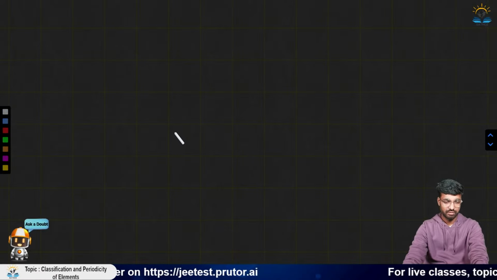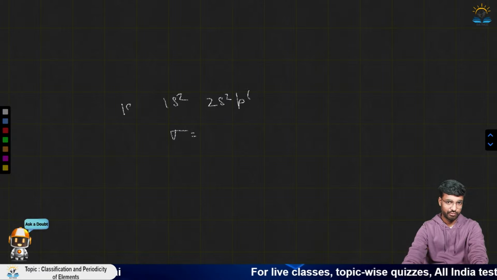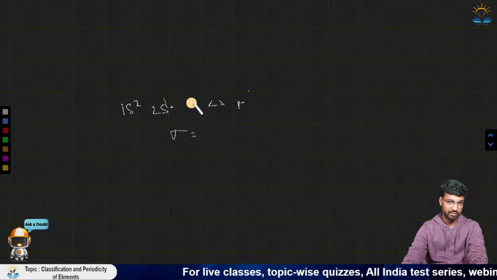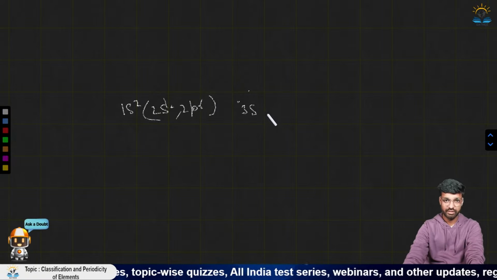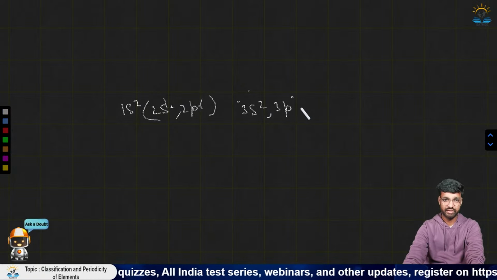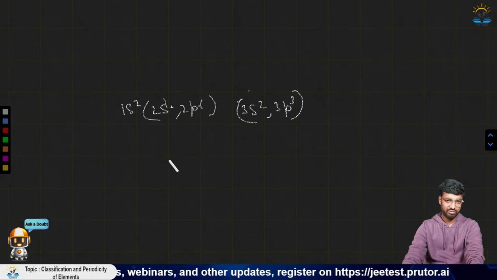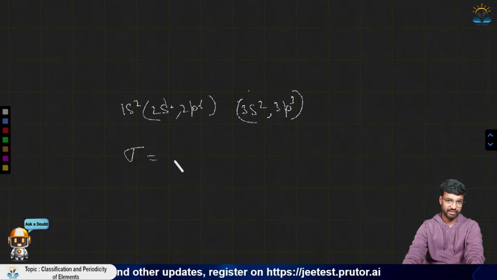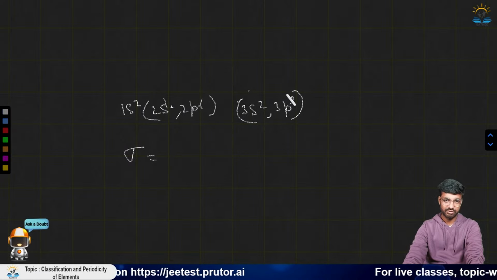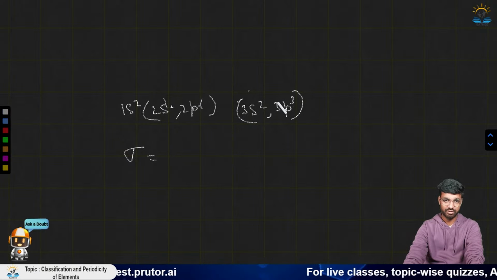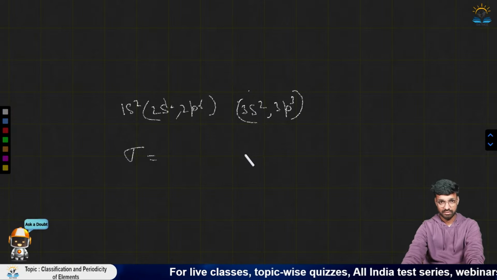So sigma will be equal to, for 1s2, 2s2, 2p6, then 3s2, then 3p3, we calculate sigma as follows. We have 3 electrons here and 4 electrons here, so we multiply this 4 by 0.35.